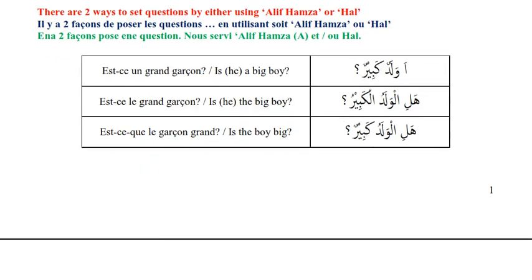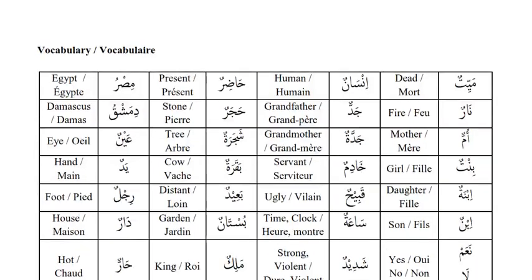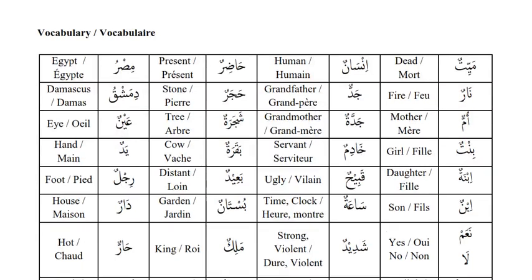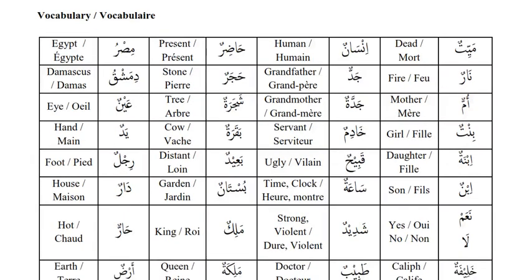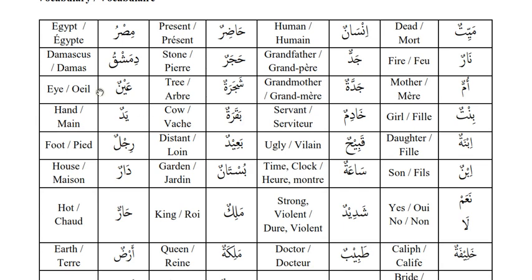Let's move on to the vocabularies. Here we have a list of vocabularies which are feminine. For instance, we have Misr, Dimashq, Aynun, Yadun, Rijlun. We have two words for house: Darun and Baytun.